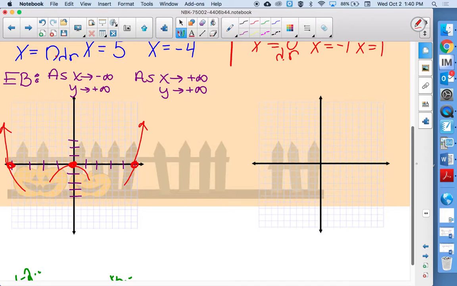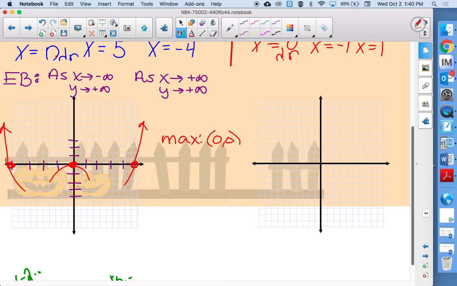That makes this part here a max. So a double root will create a max or a min in the graph. So I know immediately that this is a max at 0, 0, because it's not going to go above that, because if it did, then it wouldn't be a double root, because then it would cross through.